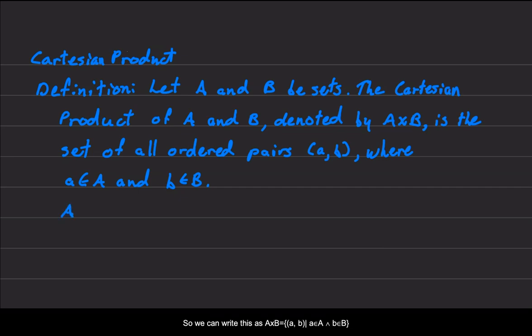So we can write this as a Cartesian product A×B is equal to, set builder notation here, the set of all ordered pairs (a, b) such that a is in set A and b is in set B.